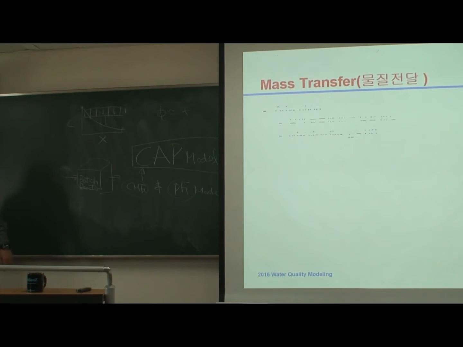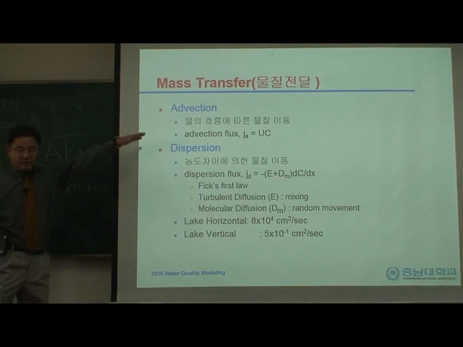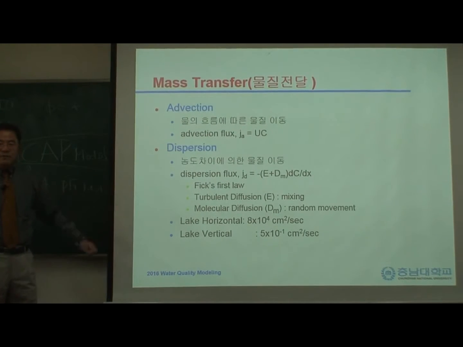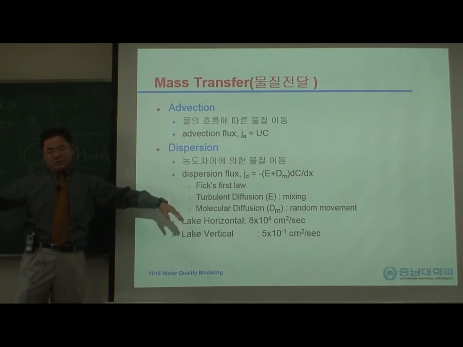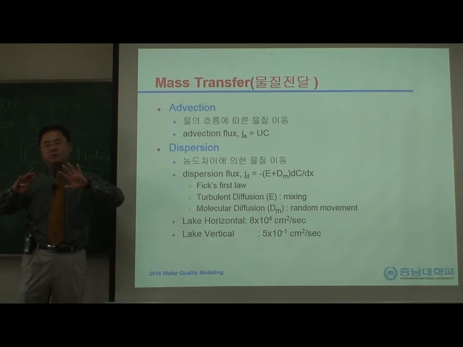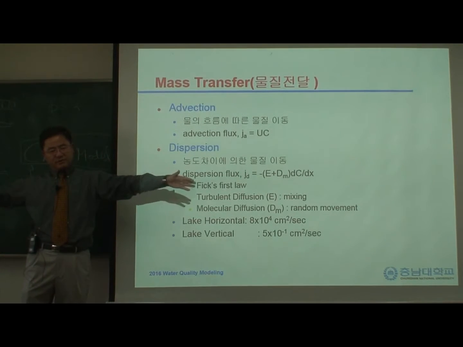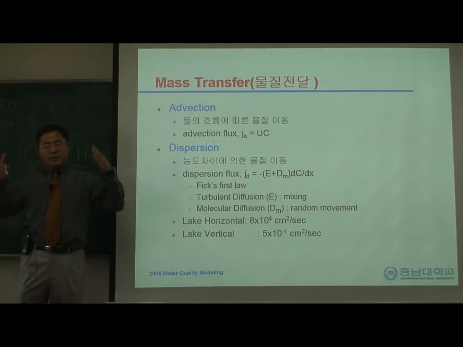Okay, so we talked about advection, which is about velocity or movement of the water, and we talked about dispersion, which is the movement of pollutant because of concentration difference. It's just like temperature difference.